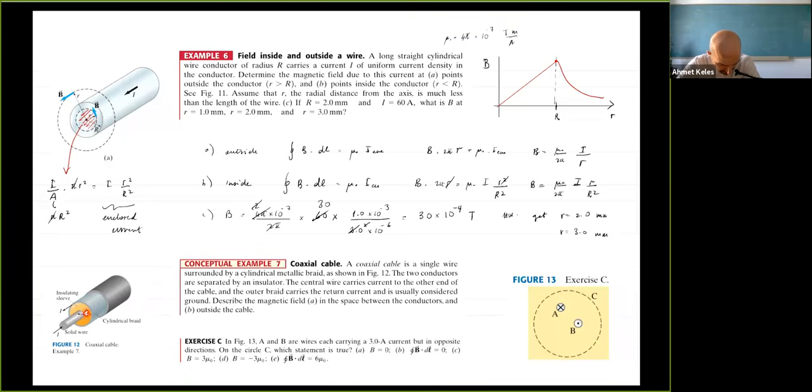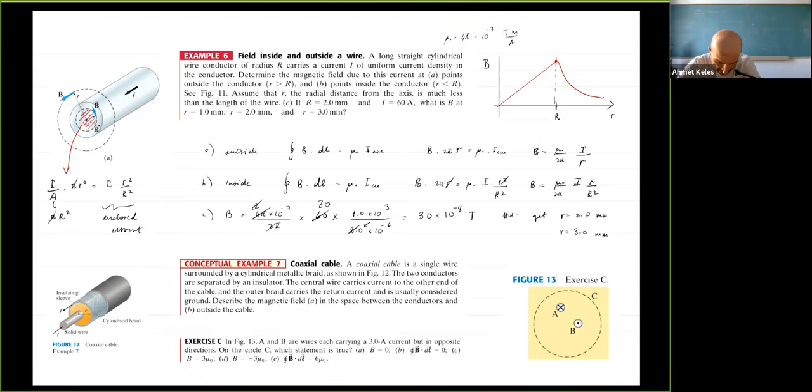I think this yellow thing is the insulating sleeve. The central wire carries a current to the other end of the cable in that direction. And the outer braid carries the return current. So this goes somewhere, and it returns through this braid and is usually considered the ground.